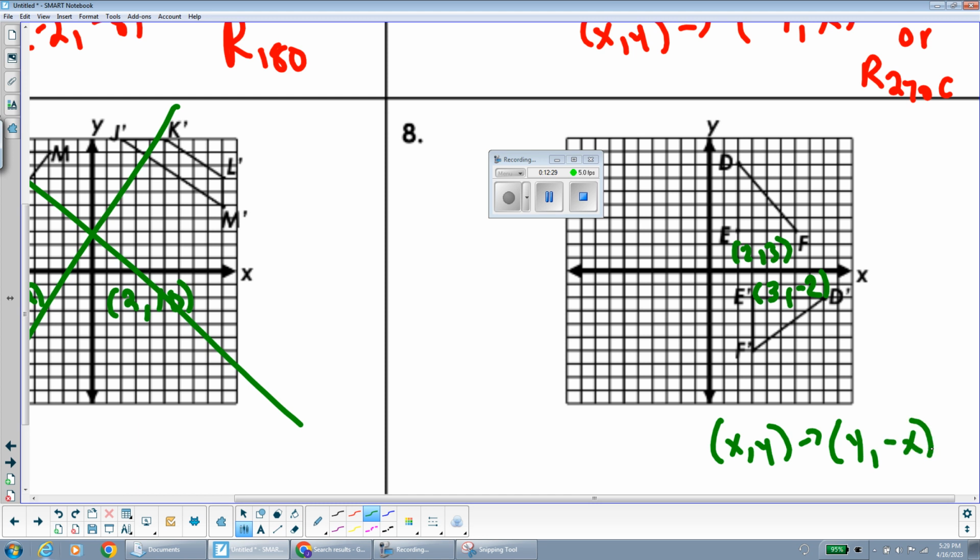So this is our rule for a rotation of 270 degrees counterclockwise, which would move it 3 quadrants over, so that would put it in the right spot, or a rotation of 90 degrees clockwise, because we know that that is the same thing.